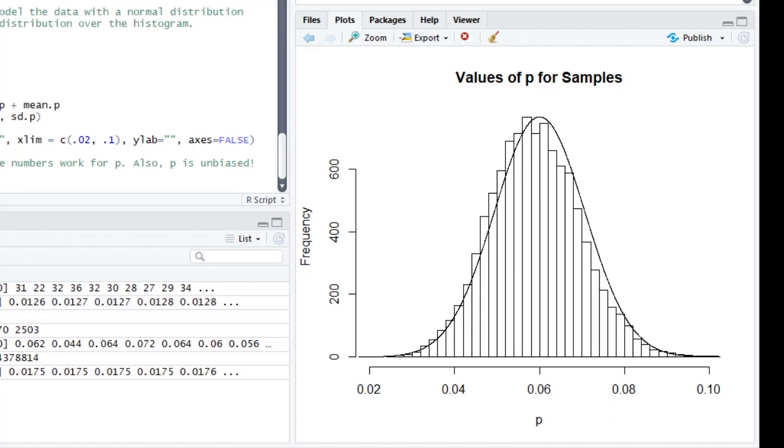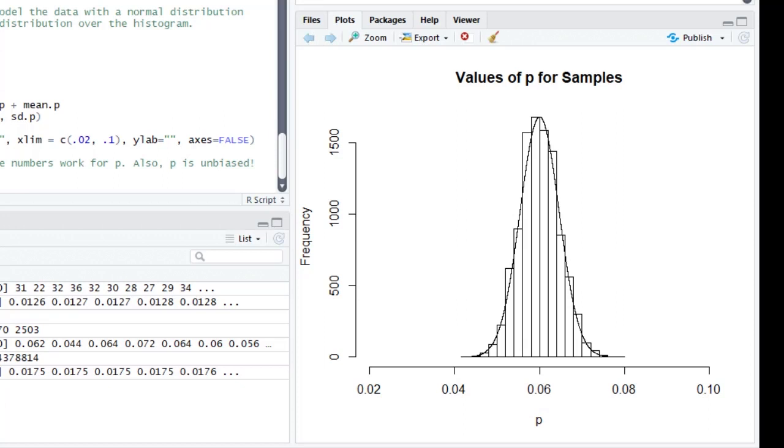What about the law of large numbers? Well, in this particular picture, in which we had samples of size 500, the range from the lower end of the distribution to the upper end of the distribution is about 0.02 to 0.10. But what about when we took samples of size 2,673?